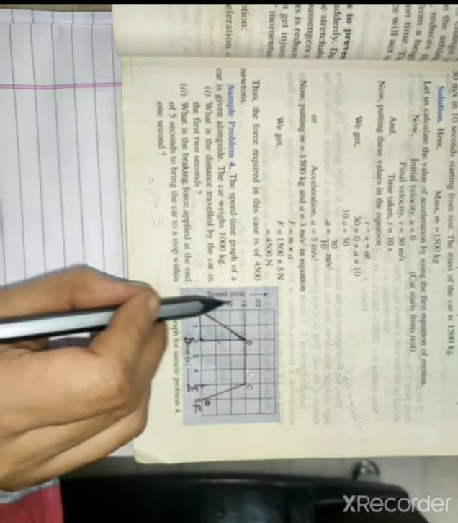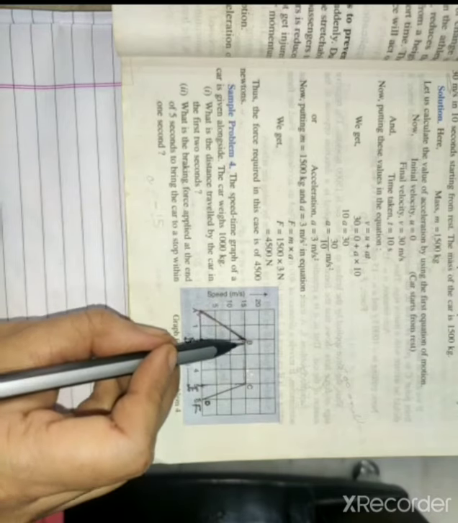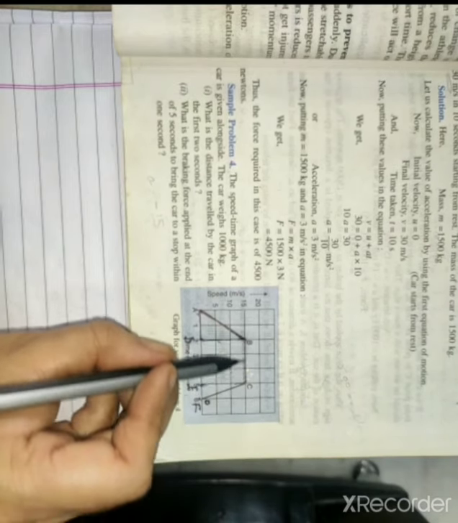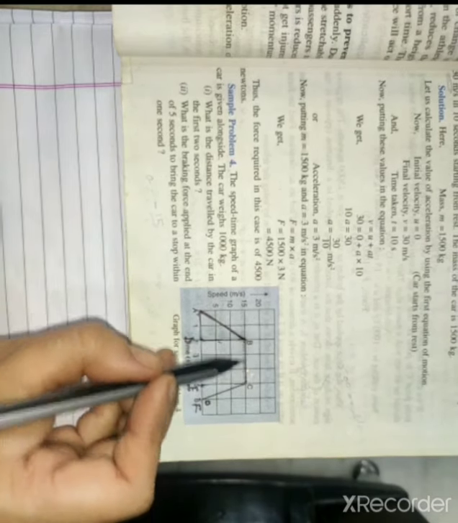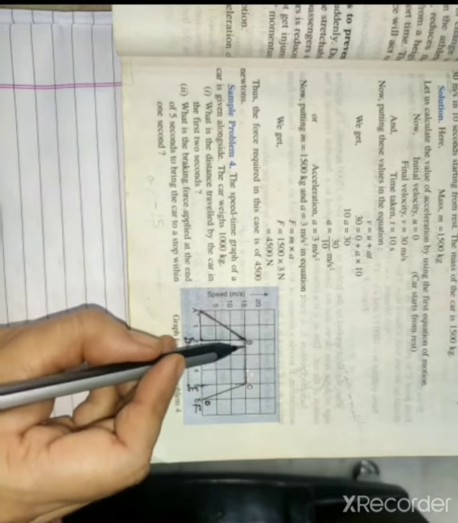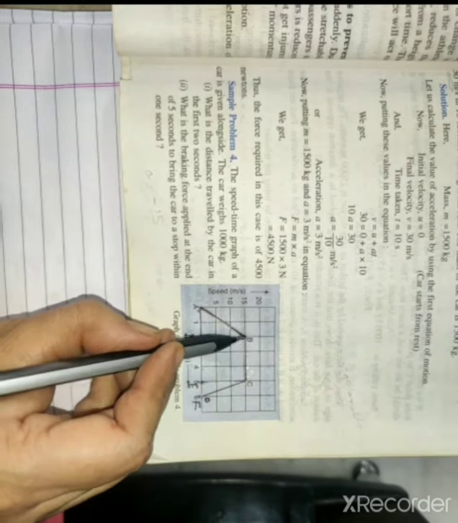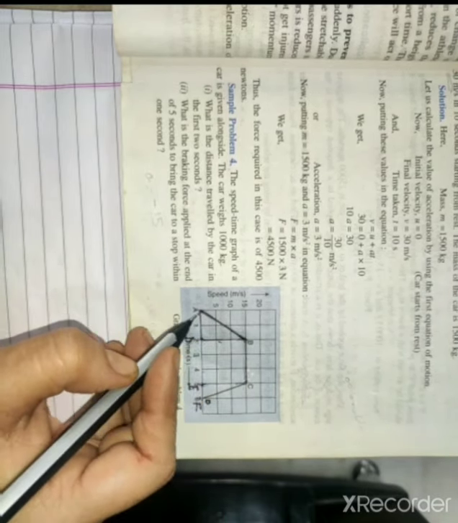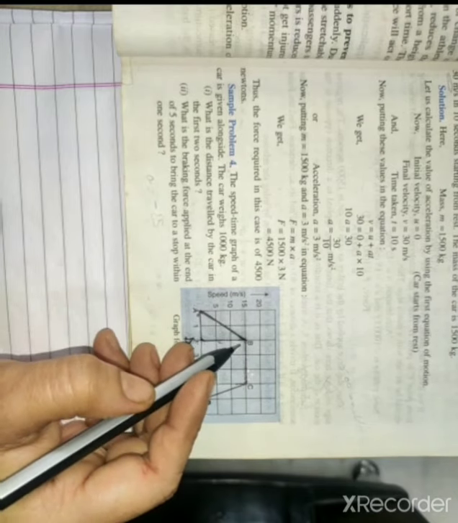There is no change in the speed, and if speed is constant, that means zero acceleration. The portion BC shows zero acceleration. The portion AB shows uniform acceleration.